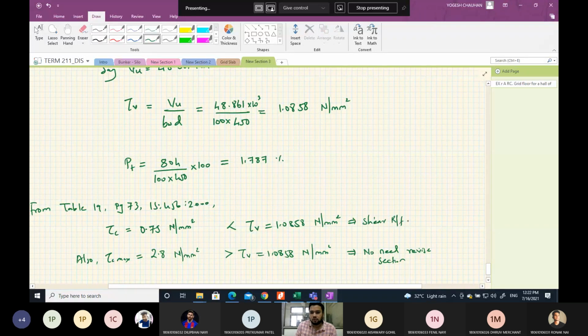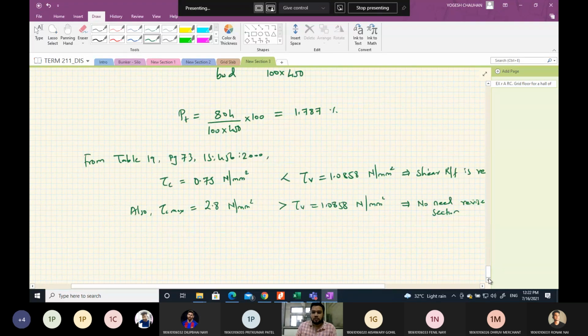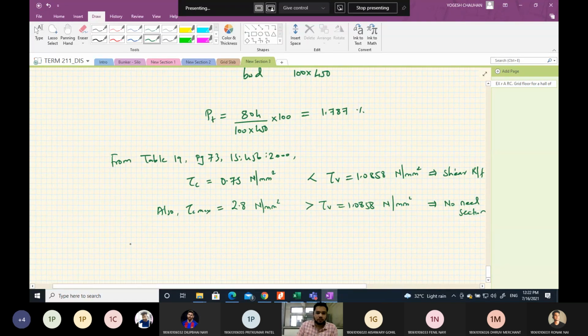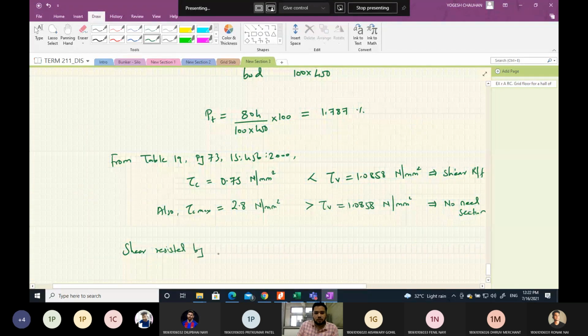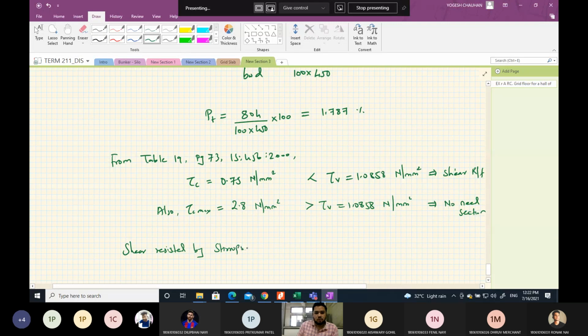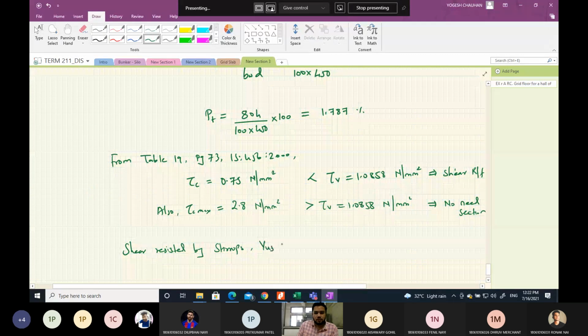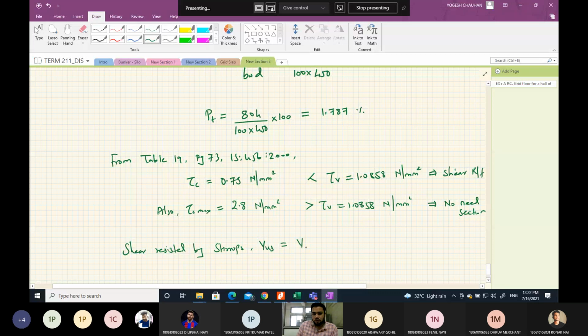Shear reinforcement is required. So let us find the shear resisted by the stirrups, that is VUS, which will be equal to VU minus tau c into b into d.